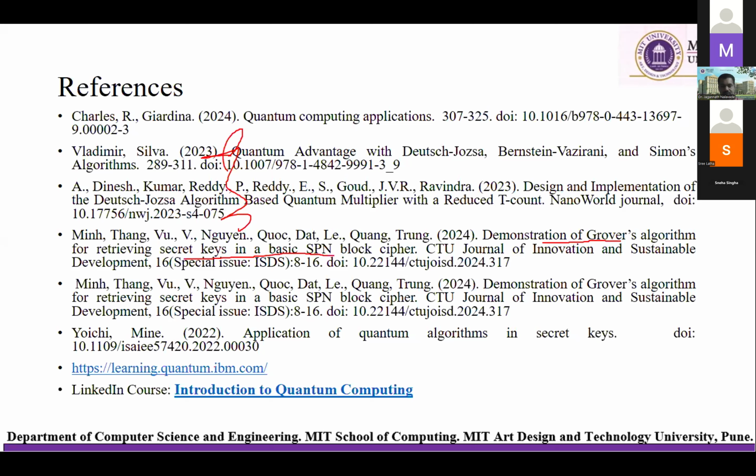From here, starting from scratch, from the very basic fundamentals of quantum computers to the advanced, large, complicated systems, everything is given at this site.